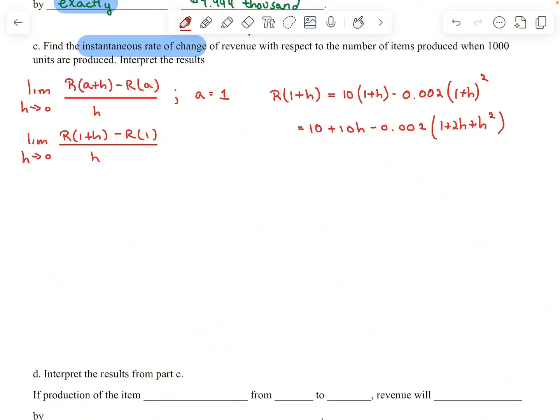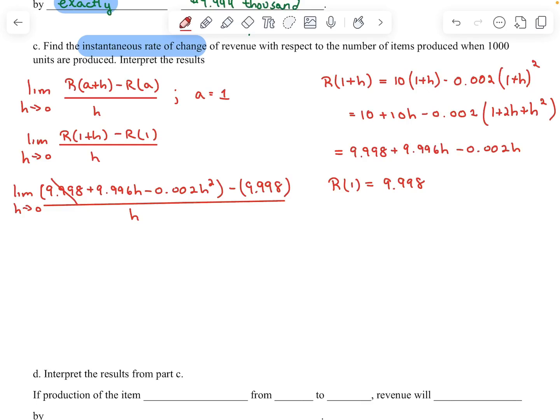Distributing the negative 0.002 and combining like terms, we will get 9.998 plus 9.996h minus 0.002h squared. We've already evaluated r of 1 in part A, and we got 9.998.